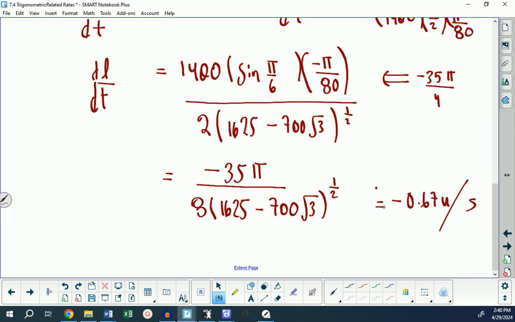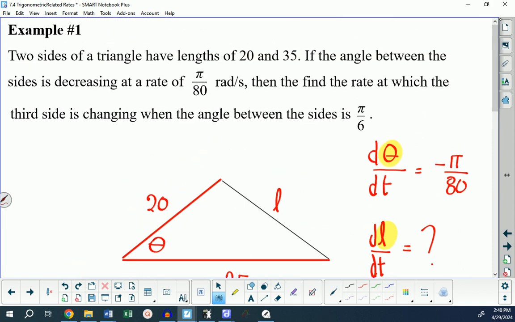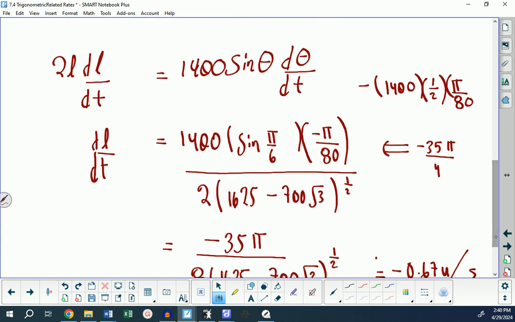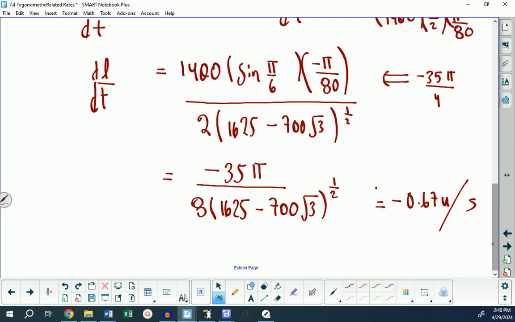If you were to say, oh, I'm going to use 30 degrees instead of pi over 6, that's all fine, because you're still going to have sine of 30 degrees here, which is 1/2. But if you figure out how many degrees pi over 80 radians is, it will be a different number. And when you put the number in here, you will not get this answer, and this is the correct answer. Your rates of change have to be in radians per unit time. It just doesn't work with degrees.